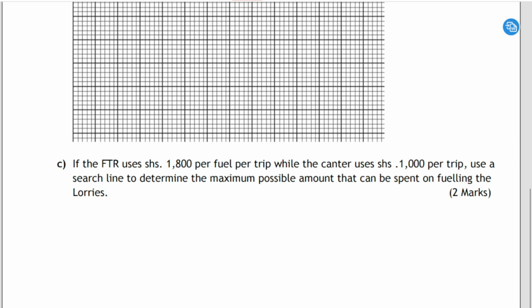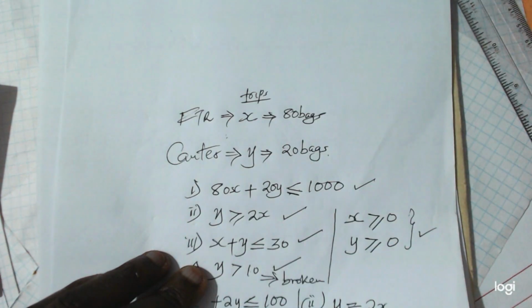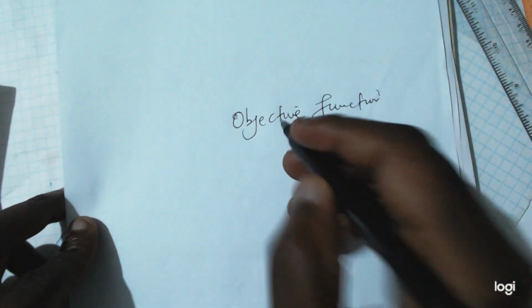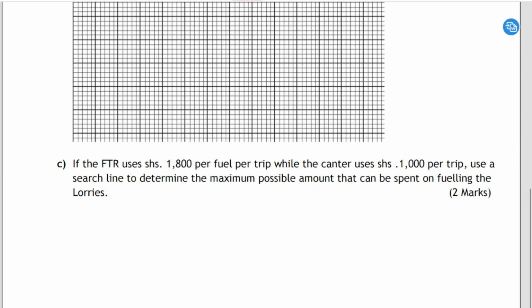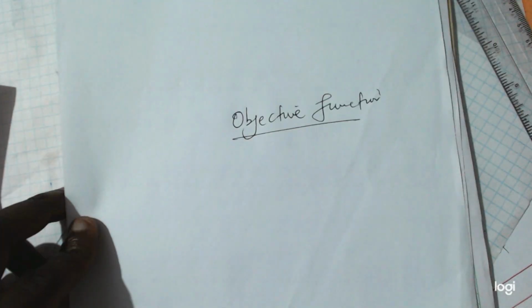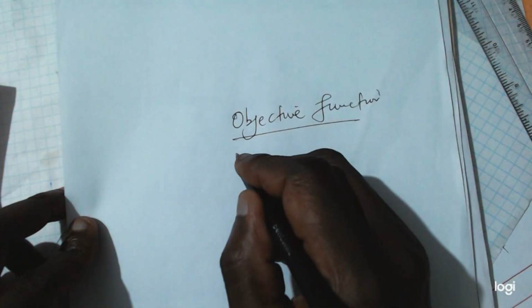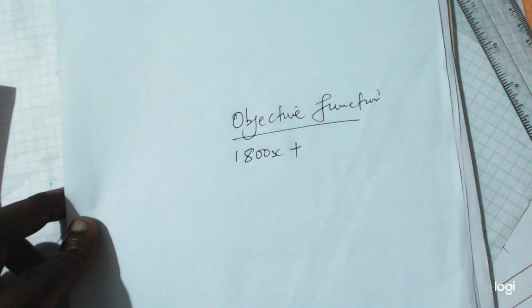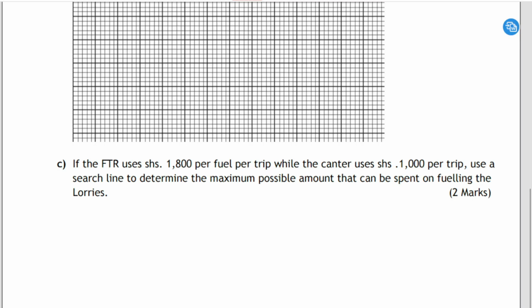We are going to have an objective function from that. So the objective function will be: FTR uses 1800 per trip, and the number of trips for FTR was x. So that will be 1,800x plus 1,000 per trip for the Canter.